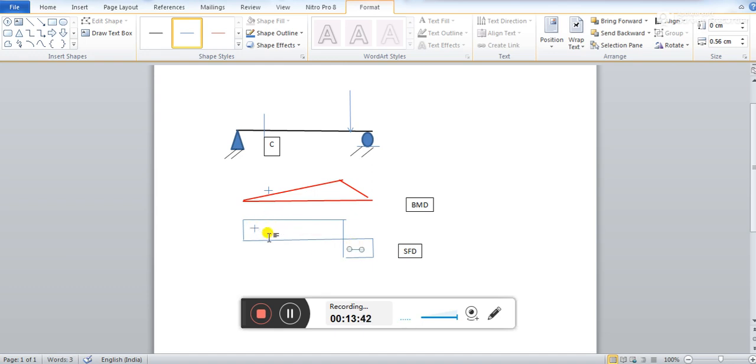So you see, the positive and negative part of the shear force diagram is remaining same. Some portion is positive, some portion is negative. However, the shape of the shear force diagrams are changing.